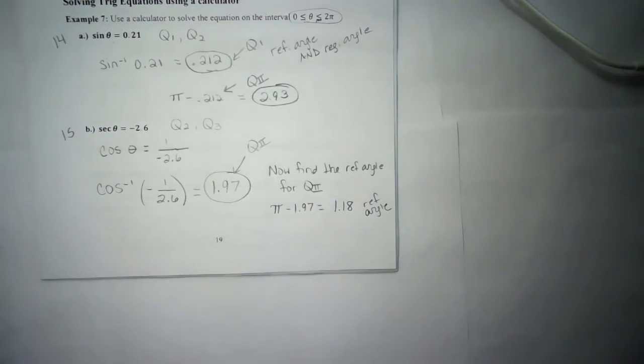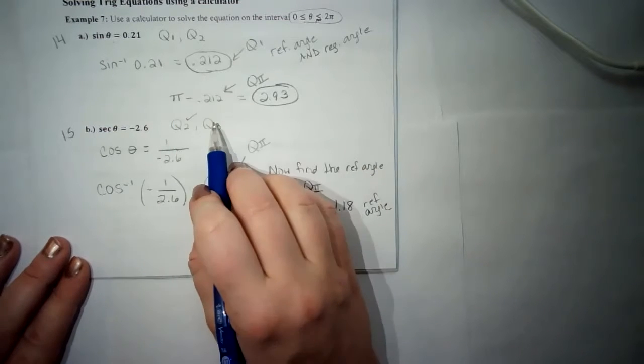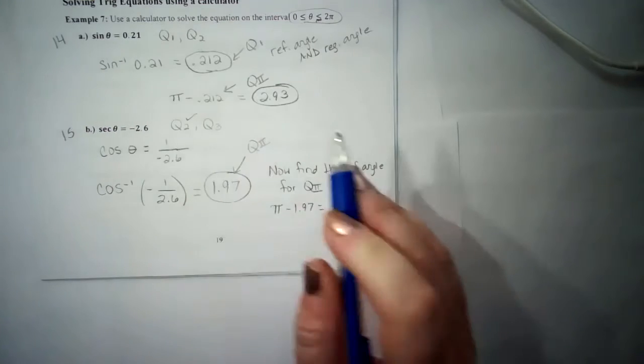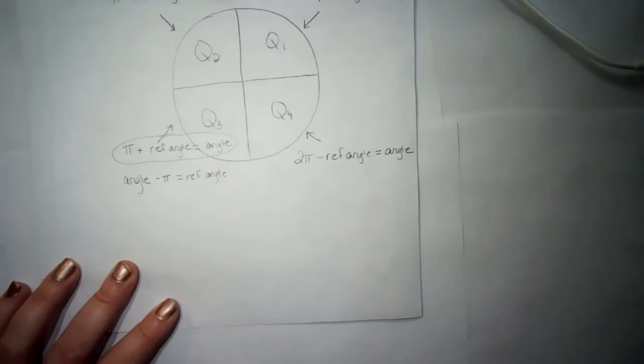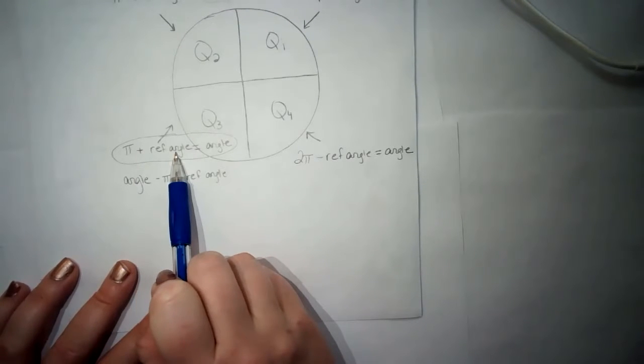Now that I have my reference angle, I can go to any quadrant I want and find the actual angle. I already have quadrant 2's value, so I need quadrant 3's value, the actual angle from quadrant 3. To find it, I'm going to do pi plus the reference angle.